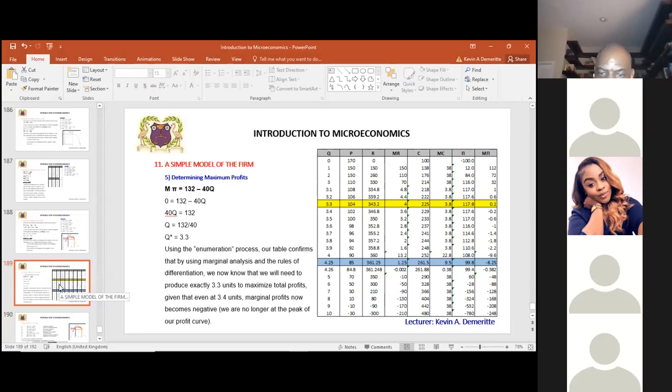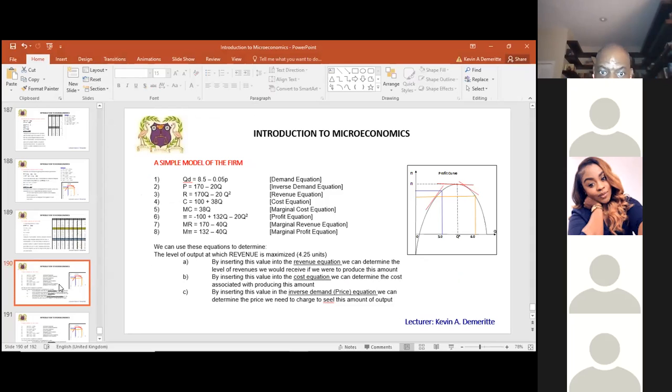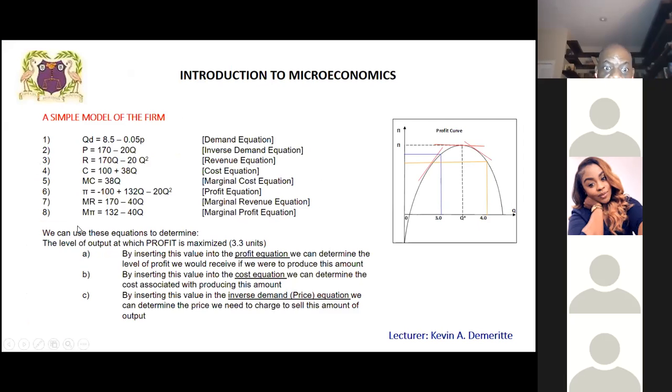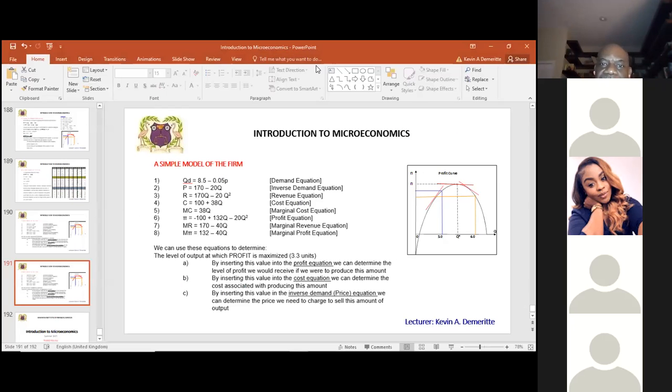Oh, yes, here you go. We can use this equation to determine the level of profit at which profit is maximized. By inserting this value into the profit equation, we can determine the level of profit we receive if we were to produce this amount. So doesn't that sound like we have to plug that 142.5 into our profit equation?